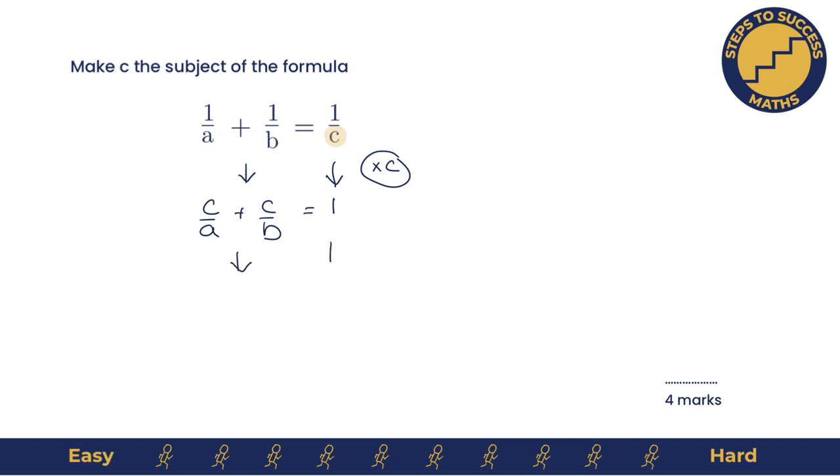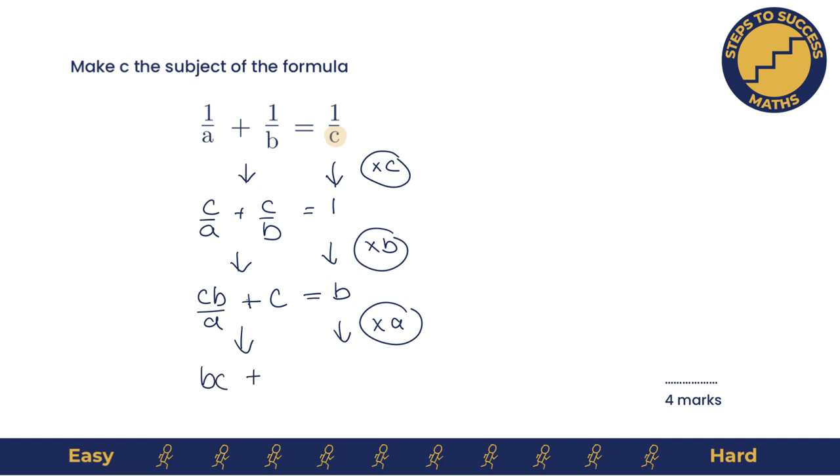Now I'm going to multiply through by B. CB over A plus C, because the B's have cancelled out, is equal to B. Now I'm going to multiply through by A. BC plus AC equals AB.